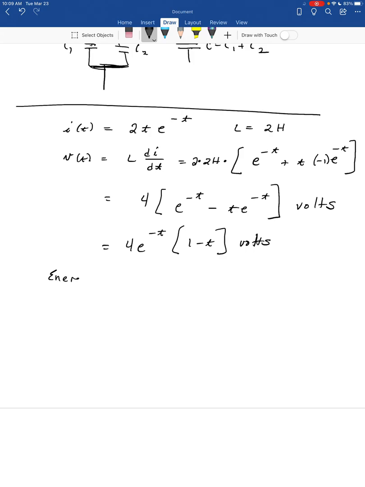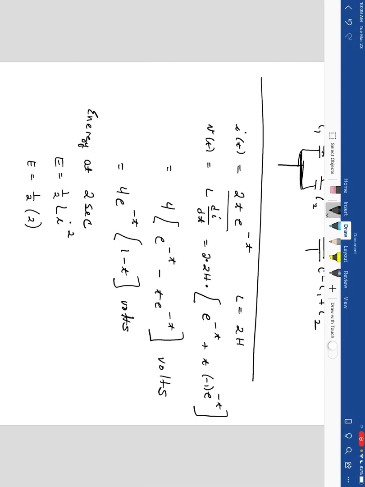Okay, now let's say we'd like to find the energy that is stored. Let's go ahead and say that we want to find the energy stored at 2 seconds. Before, we said E is 1/2 L i squared, and we plugged in i as a function of time, and that is not a bad idea, because then if you want it for different times, you can do that.